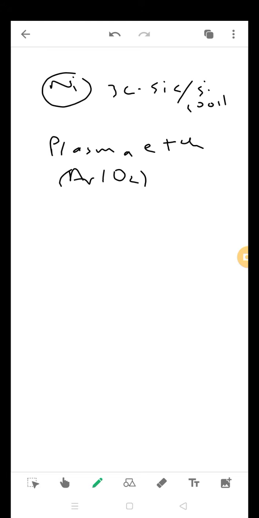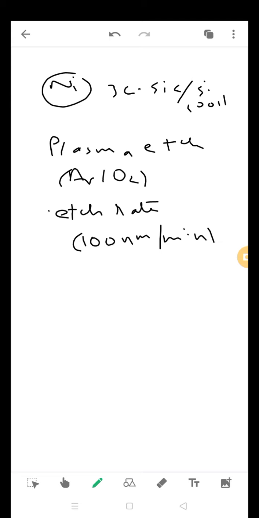Electrons are generated and they etch the substrate, and the etch rate is around 100 nanometers per minute, and we get a pattern substrate like this.